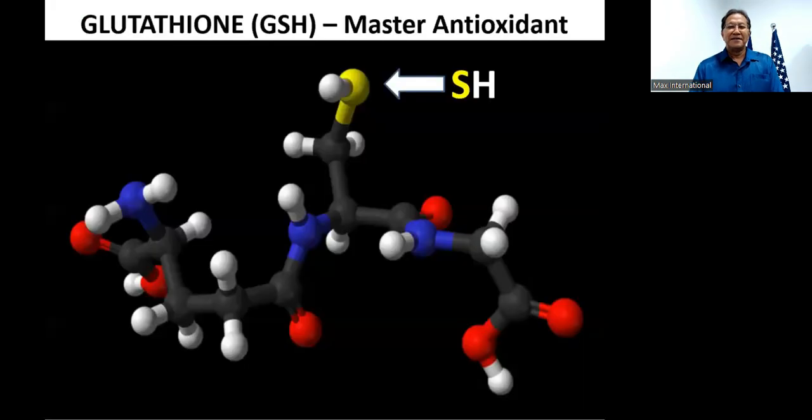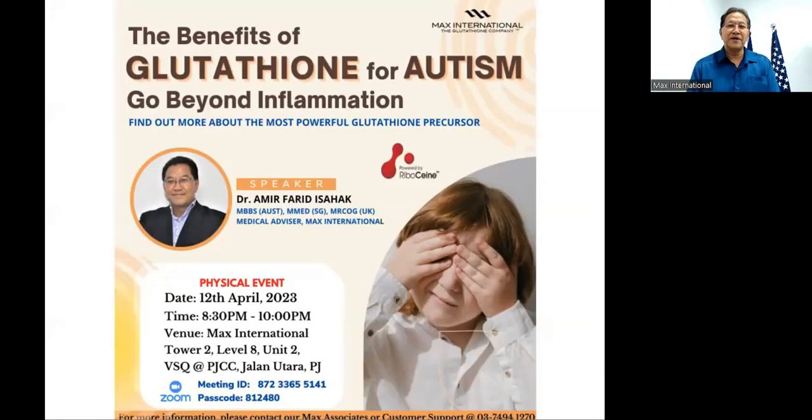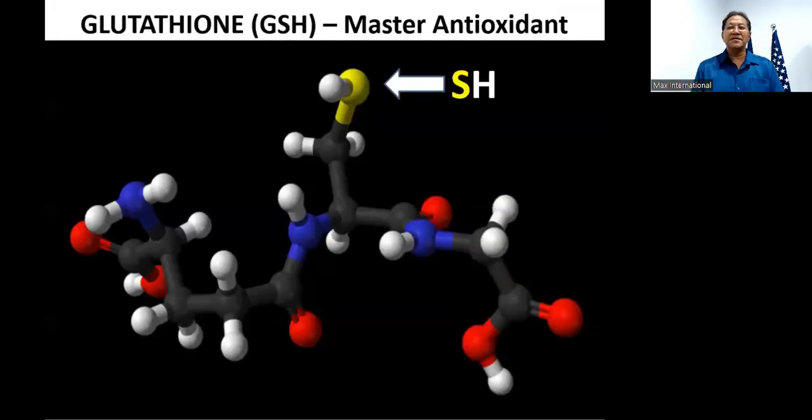Okay, so before we go on the topic of the benefits of glutathione for autism, go beyond inflammation, we need to revise on what is glutathione. This is the molecule of glutathione made of 3 amino acids. So it is a tripeptide, and that's glutamic acid, glycine, and cysteine in the middle.